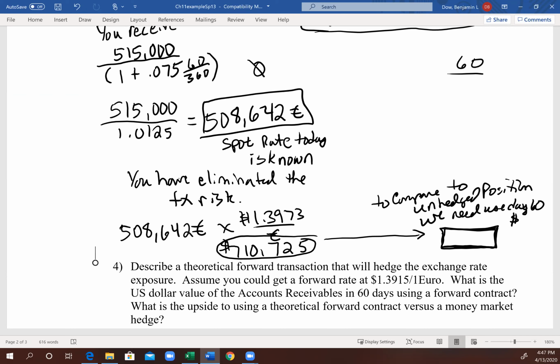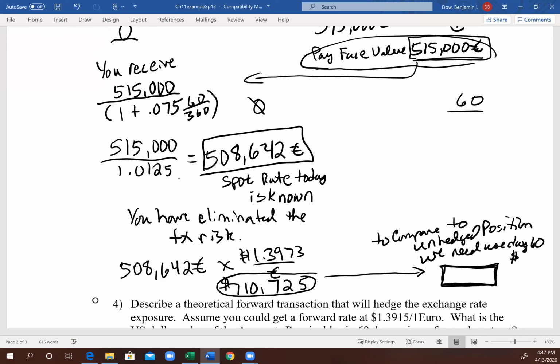So what happens is when we first started out, what we really did, and this is the term that most people use and what the book uses, we borrowed against the receivables in euros.